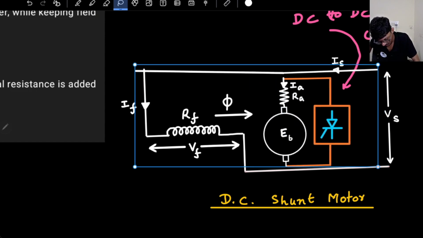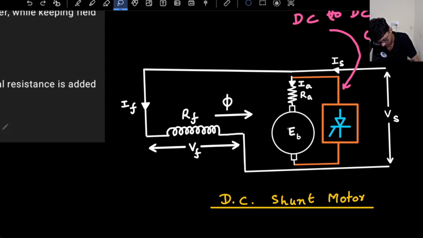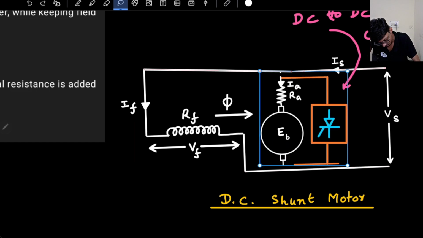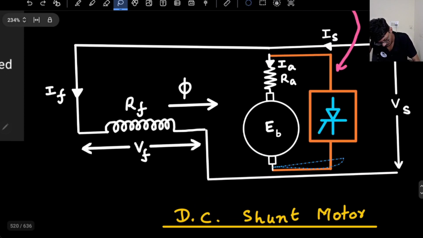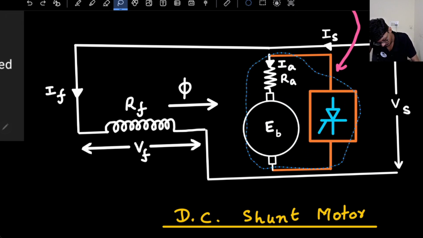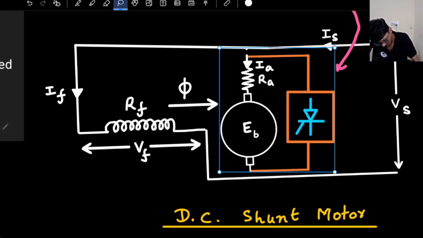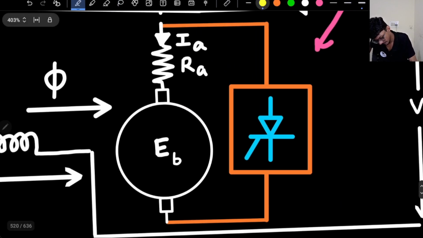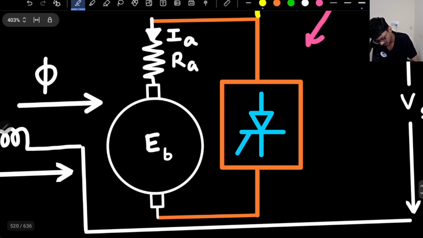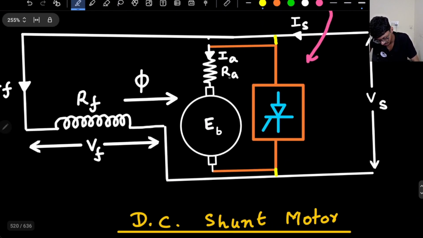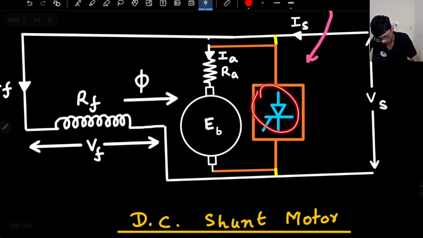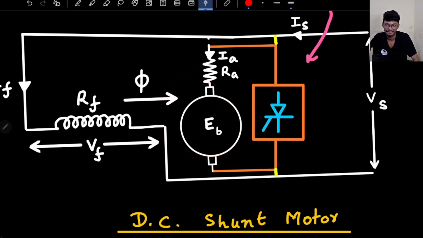So the converter is connected across the supply, and the output of the converter is controlled and provided to the machine.